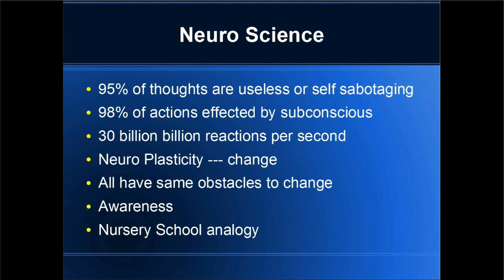Now, our conscious awareness, which we need to use later on for neuroplasticity and change, is very slow. It moves very slowly. It needs time to think, if you will.